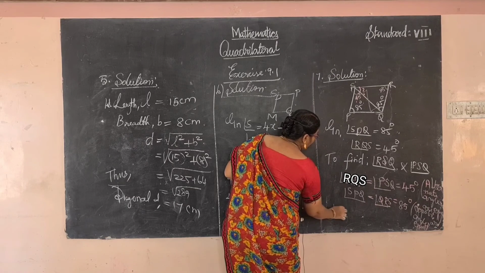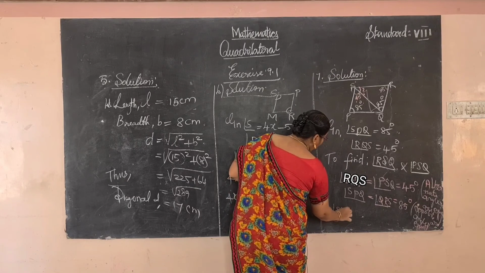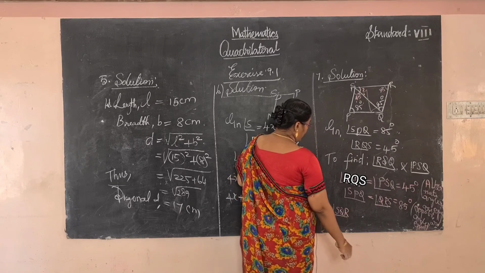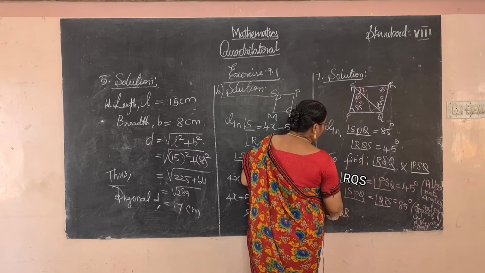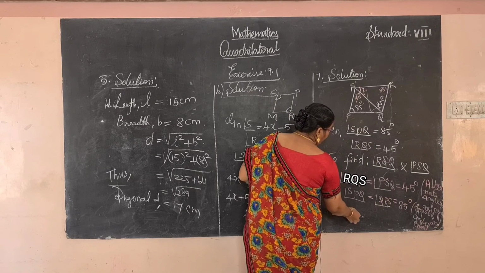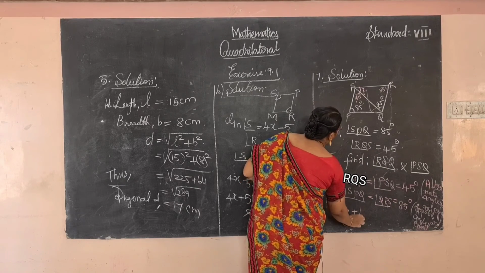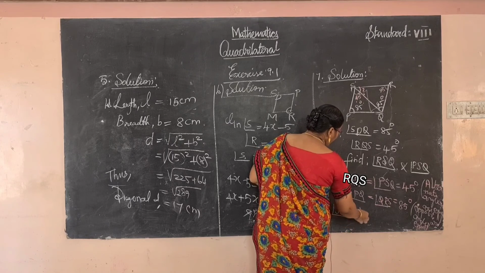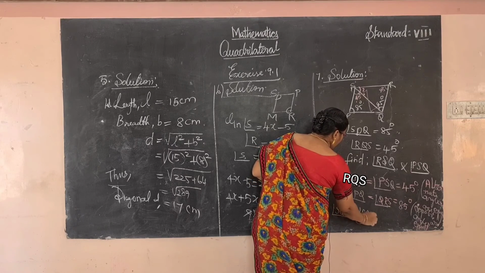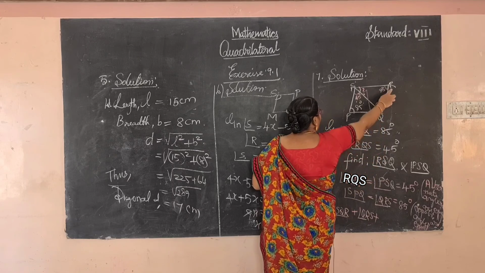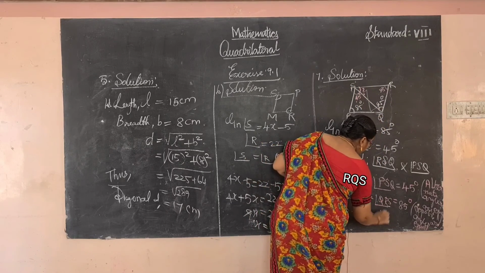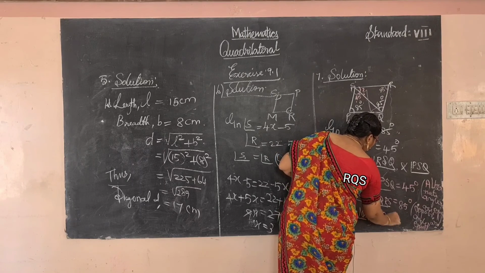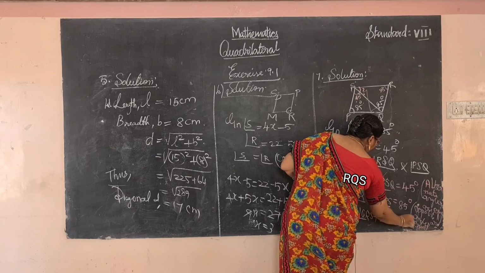S, Q, R. Angle SQR value is 45, plus angle QRS, plus angle RSQ is equal to 180 degrees.